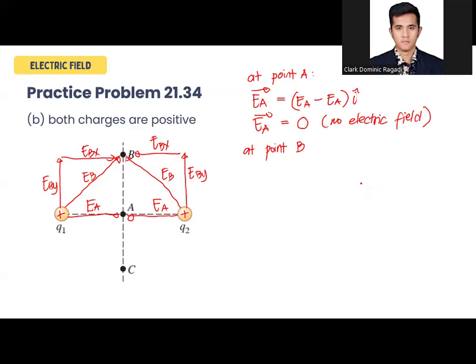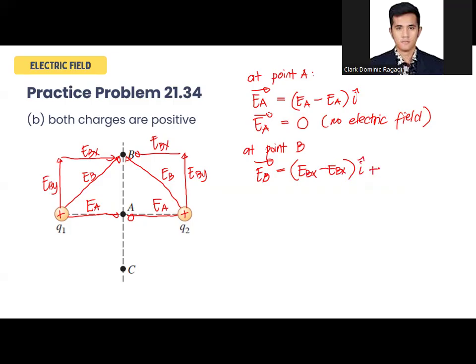Looking at that, we can calculate our vector EB. For the X components, on the side of Q1, that's positive EBX since it's going to the right, and on the side of Q2, that's negative EBX because it's going to the left, times I hat.